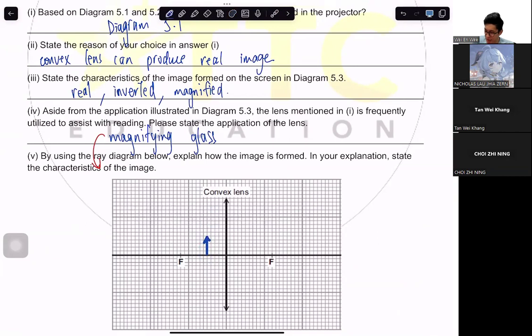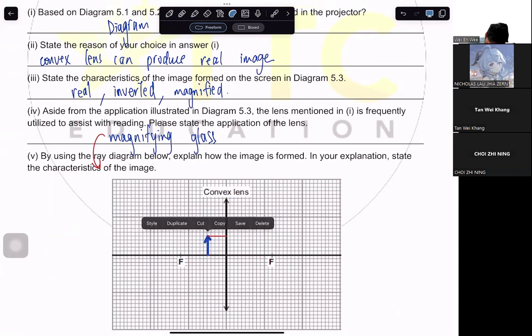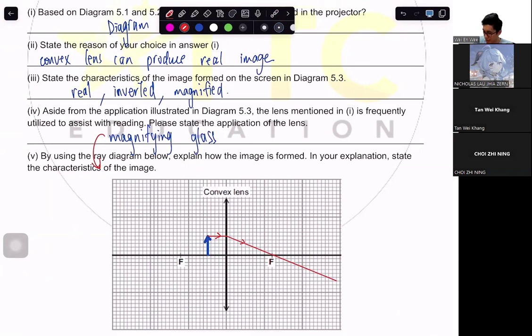The first line is that anything that goes horizontal like that will always go to F. If there is a light ray that is horizontal like that, it will go to F. Whether your object is here, here, or here, you just draw one horizontal and then go to F.